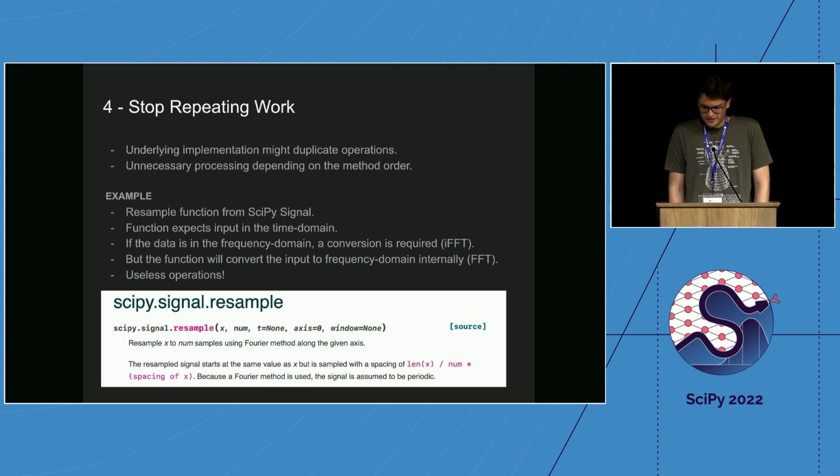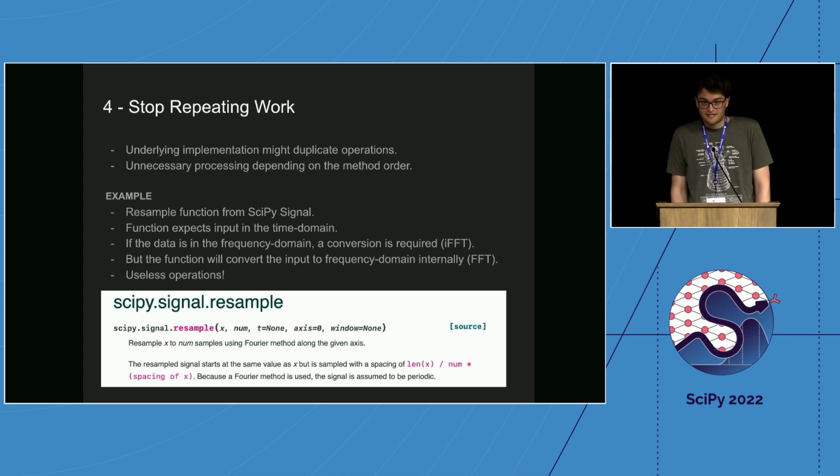Now, if the data is in the frequency domain, for example, you are receiving from your radio and doing an FFT and filtering that, you have frequency domain data on your hand. And to resample that using this function, you need to convert to time domain using an inverse FFT and then pass it to the resample function.